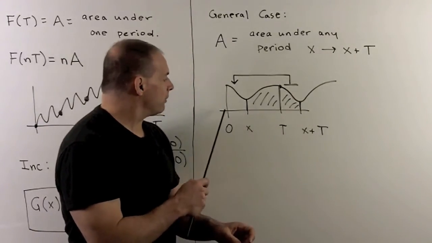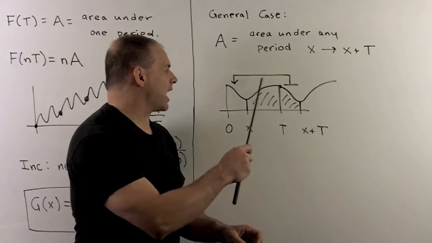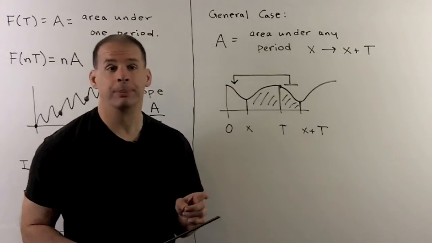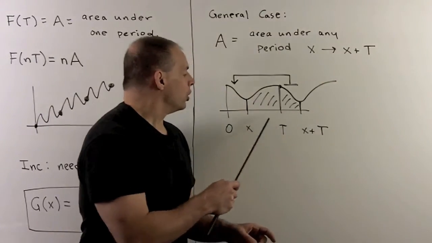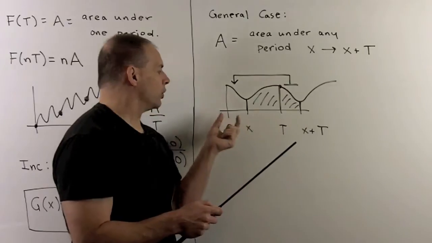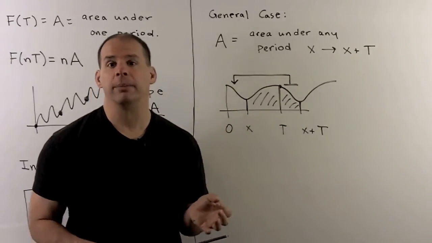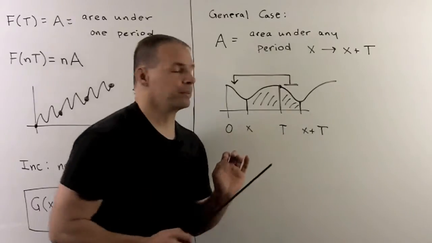Here I'll have our region going from 0 to t. It doesn't need to be above the x-axis. We're just going to take net area. If I go from x to x plus t, I could chop things off at t, take this piece, move it over to here, and we have the same area. This is going to work no matter how far out our region is.